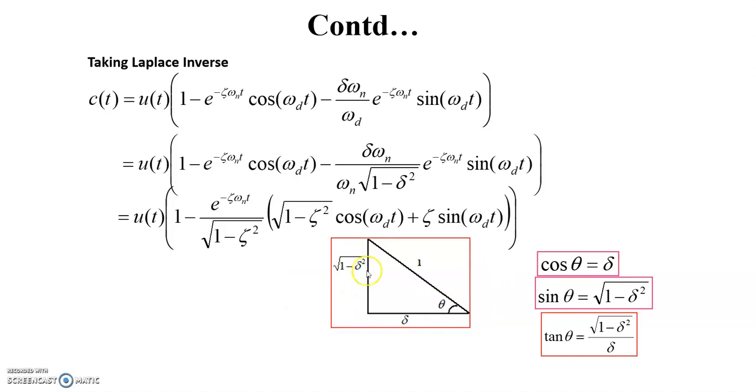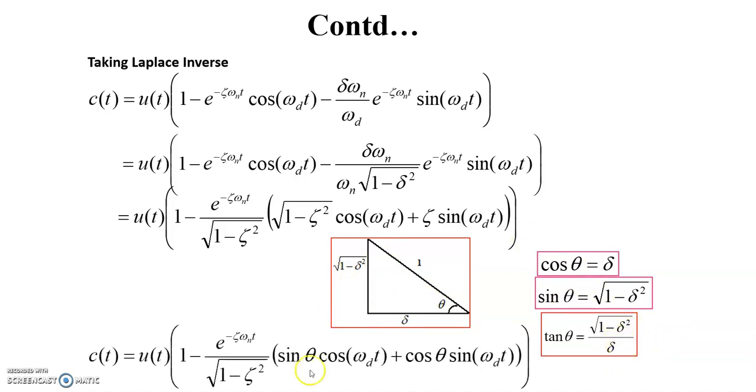So this side is the root of 1 minus zeta square, here zeta, here 1, and this is theta. What is cos theta? Cos theta is nothing but zeta. Sin theta is root of 1 minus zeta square. Tan theta is equal to root of 1 minus zeta square by zeta. So you can write root of 1 minus zeta square as sin theta, and zeta as cos theta.